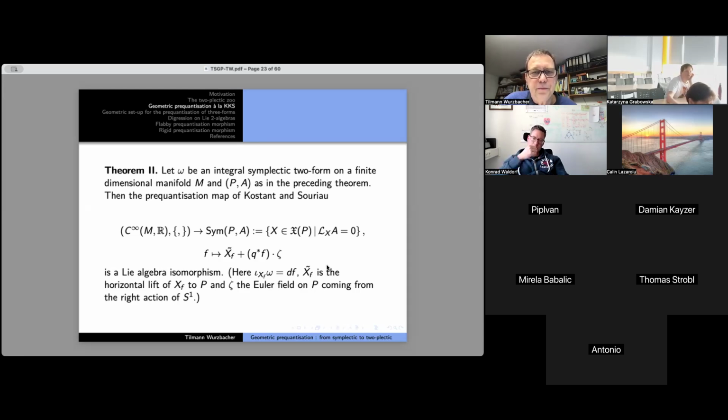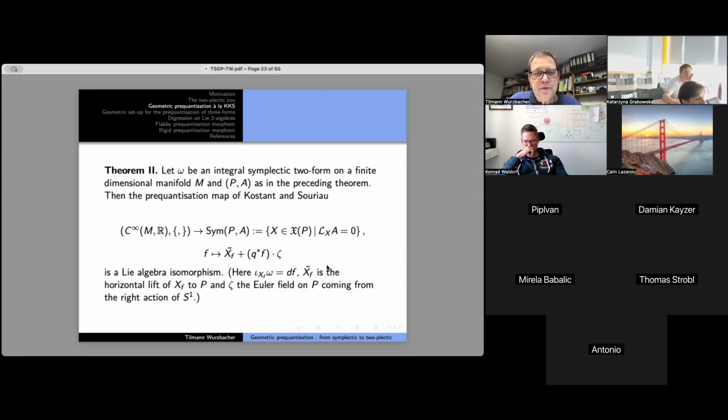Then I have a principal bundle P and a connection A, as in theorem 1. And then there is a prequantization map. The prequantization map goes from what is called classical observables, which are the C-infinity functions on the manifold. Of course, this can be discussed. Maybe measures would be a better way to define an observable, but the traditional point of view is functions with the Poisson bracket induced from the symplectic form.